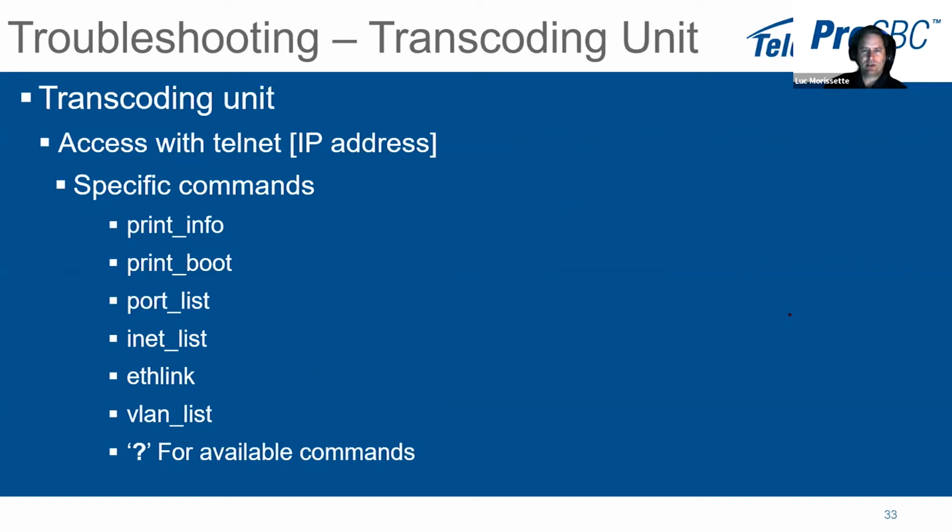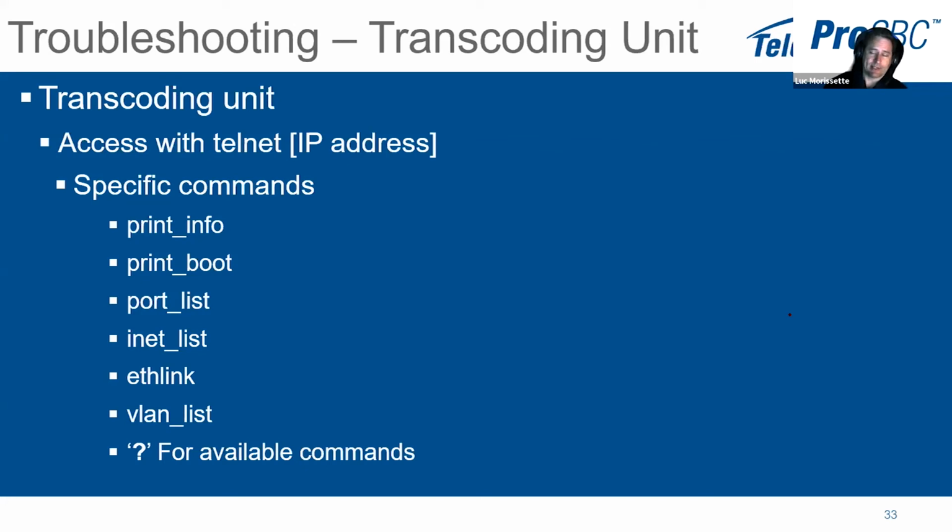If you have transcoding units, the difference here is that normally you don't need to access them because they will be auto detected in your network because it uses well-known IP addresses that are recognized by the servers. But if you need to access them, then you can use a telnet to access them.